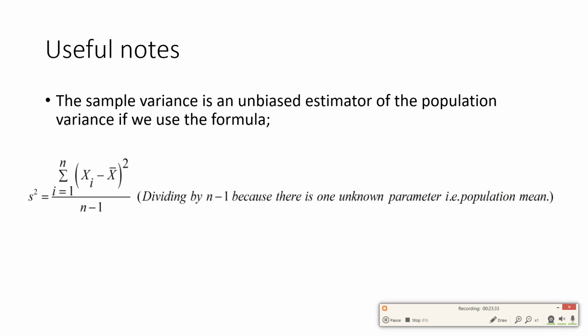If you wish to see a detailed explanation, which is not directly required in this course, but out of curiosity, you can take a population, draw all possible random samples, calculate the variance of each using this formula, and then average out all the sample variance values.